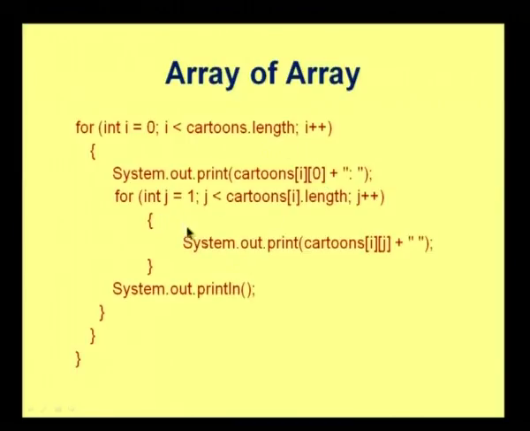Next, I change the value of j to 1, up to the length of this array. Whenever I give my array value and then my subscript, automatically it will take the first array, then the next array and then the next array. So here I will have 4 j values.